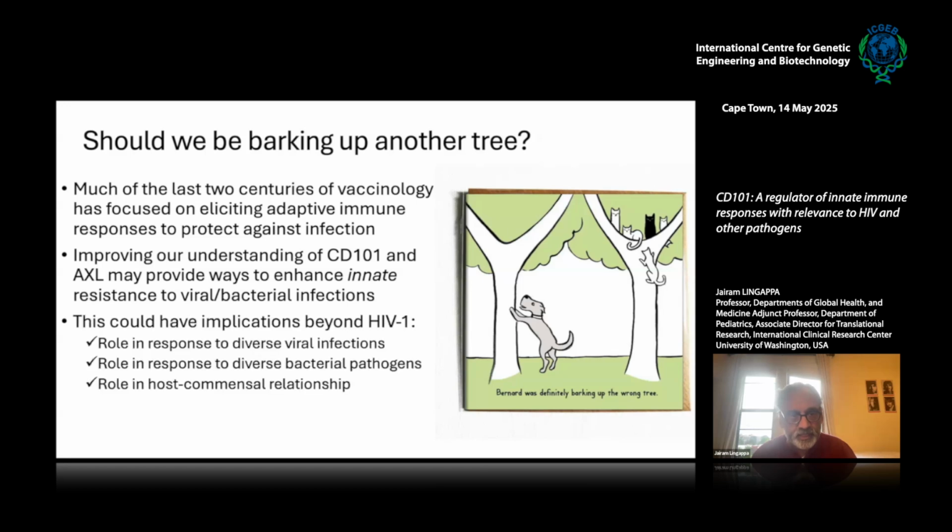And this could have implications beyond HIV, having a role in response to diverse viral infections, a role in response to diverse bacterial pathogens, and a role in host commensal relationships. So maybe we need to be barking up a different tree.